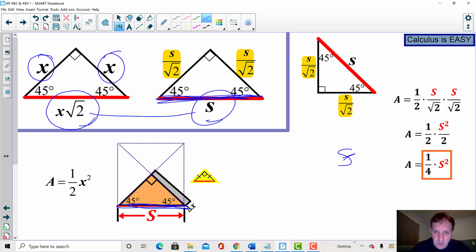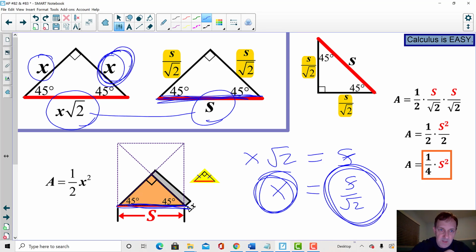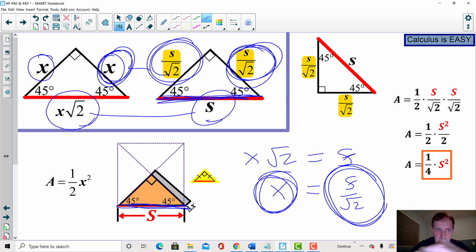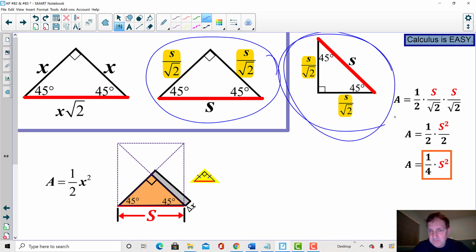If s is equal to x√2, if you divide both sides by √2, you're going to get that x is equal to s/√2. And so both sides are going to be s/√2. So we get this picture right here, and if you turn it sideways, it's pretty easy to see that the area of that triangle is just 1/2 times the base times the height.